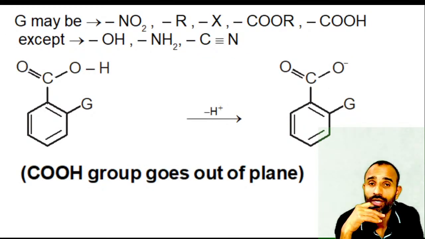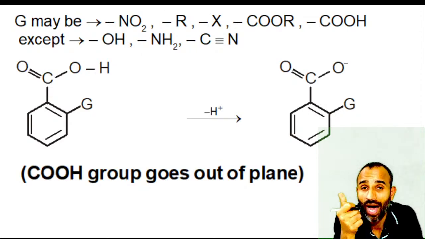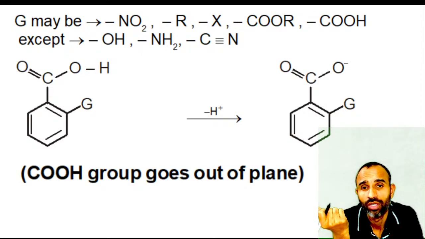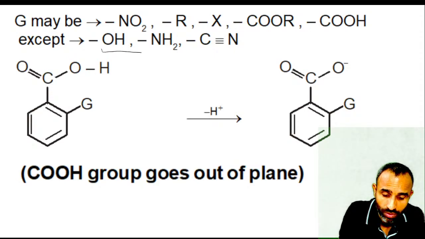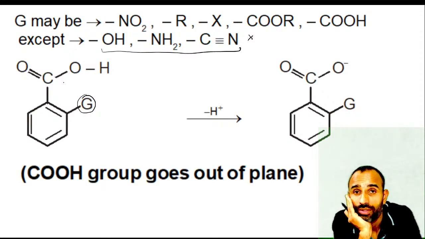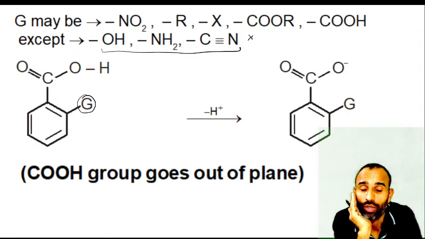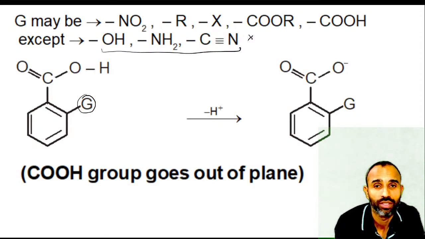First one, if group is NO2, R, X, COOR, COH, these groups, so COOH goes out of plane. So if COOH goes out of plane, its acidic strength increases.